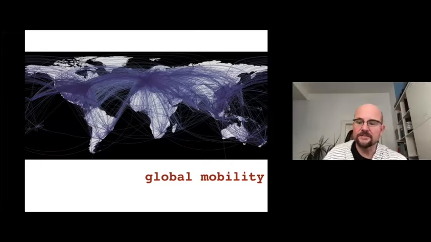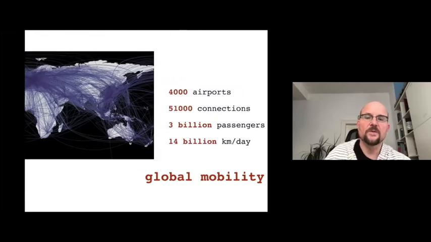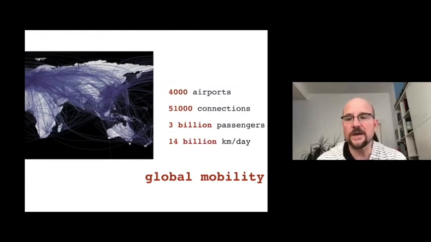And just to look at a few numbers to get an intuition about what kind of network this is, we have about 4,000 airports worldwide, and there are about 50,000 direct connections between airports. A little more than 3 billion passengers travel every year on this structure under normal conditions. And humanity travels about 14 billion kilometers every day.